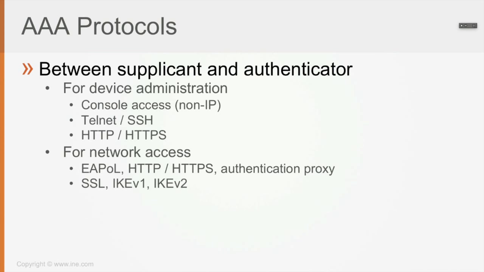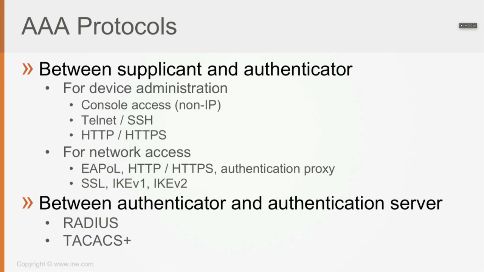Authentication proxy is not specifically a protocol, it's more of a method which makes use of other protocols, like telnet, FTP, HTTP, HTTPS. So that's between the supplicant and the authenticator.